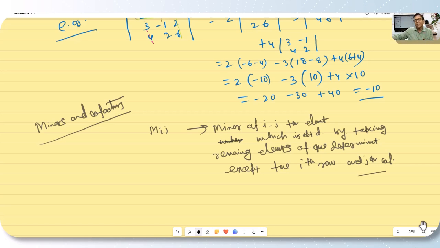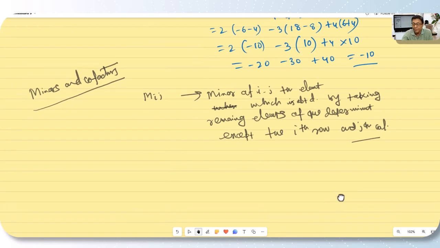We'll think that the ith row and jth column is not there. The remaining determinant is the value of Mij.